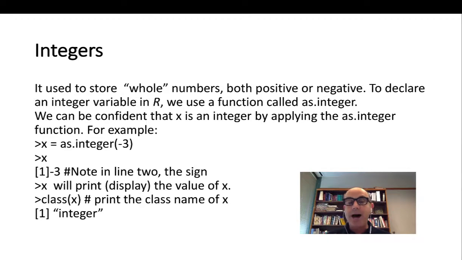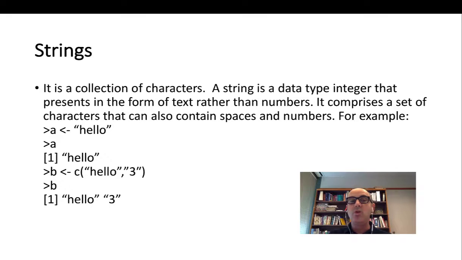Integer is also part of what we are learning, and we use the integer or the whole numbers as positive and negative. So you can declare that also in R as integer -3 or +3, whatever your integer is, and this is how you do that.